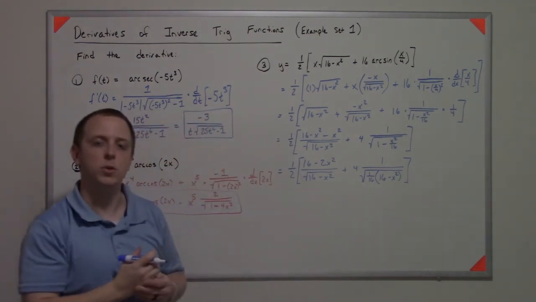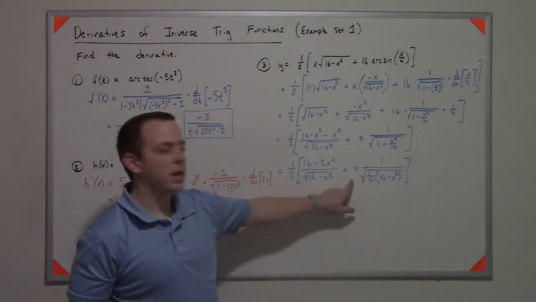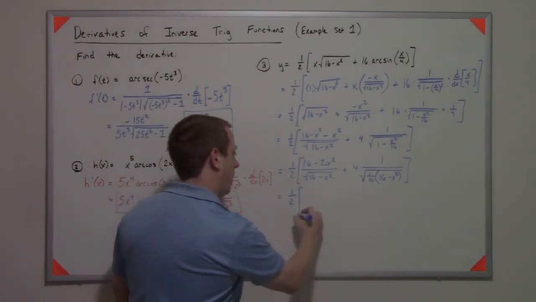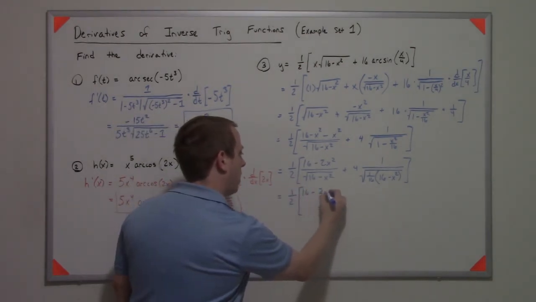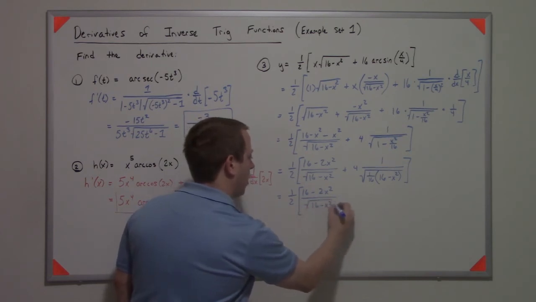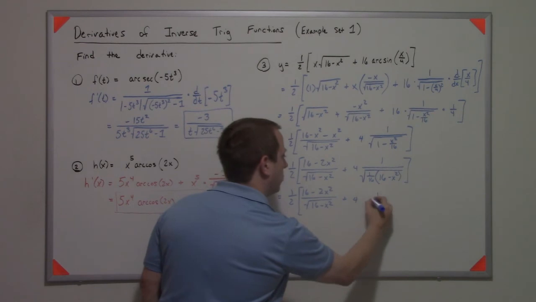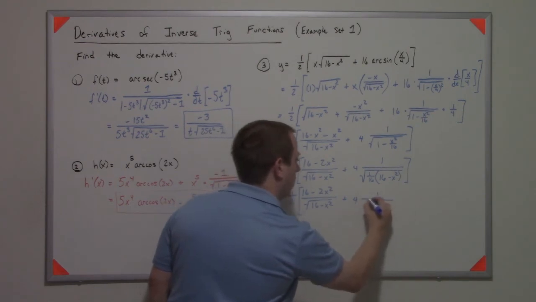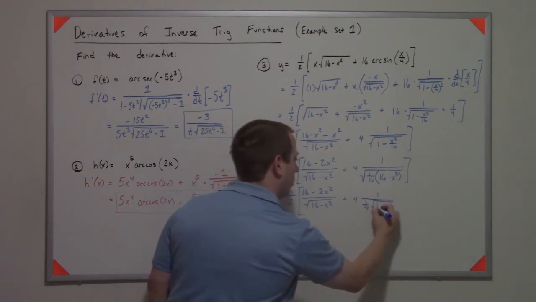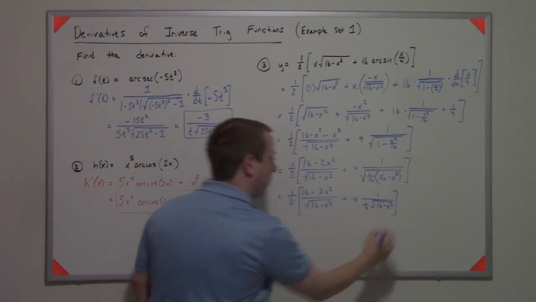Okay, that's interesting. But then I can take the square root of 1/16 and I get 1/2 times 16 minus 2x squared over the square root of 16 minus x squared, plus 4 times 1 over 1/4 square root of 16 minus x squared.